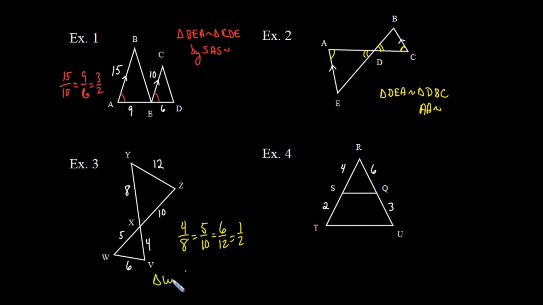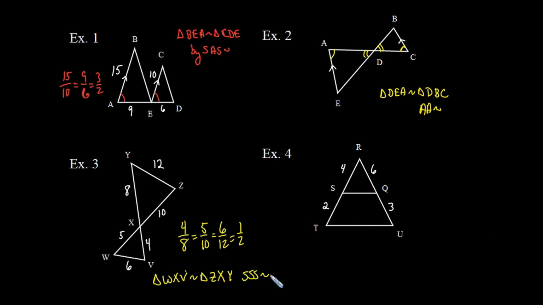So triangle WXV is similar to triangle, see, W is between the 5 and the 6, Z is between the 10 and the 12, the corresponding pieces there. And then we will go over to the vertex X and then Y. So again, be very careful. You saw me be very careful there.